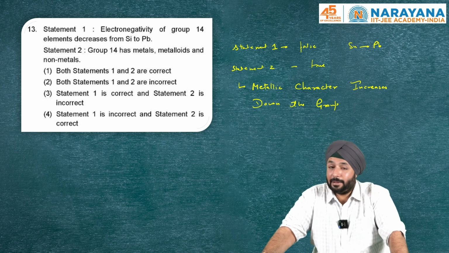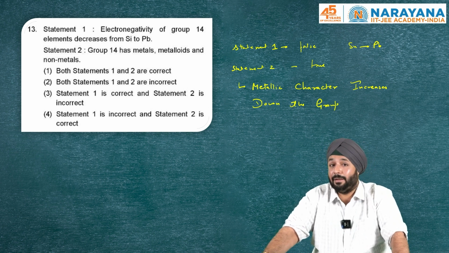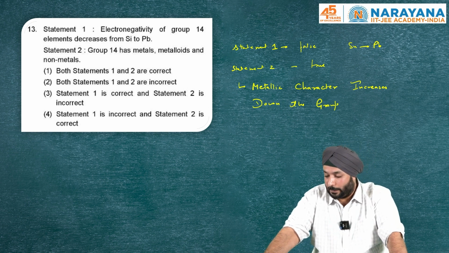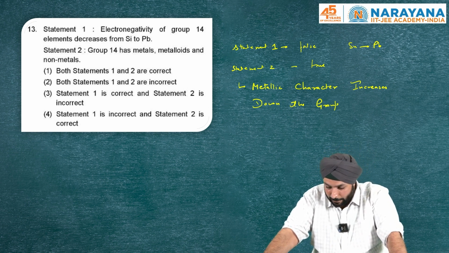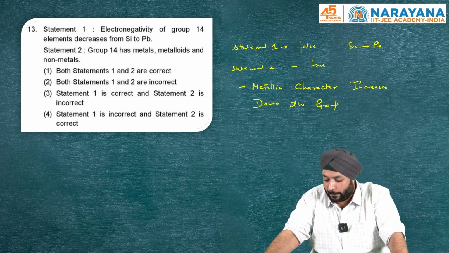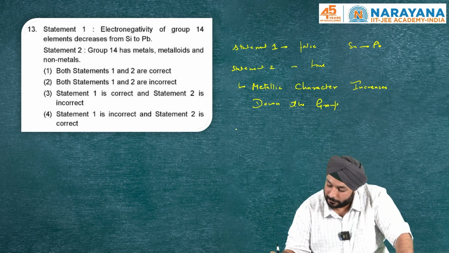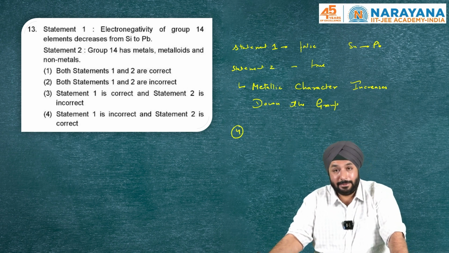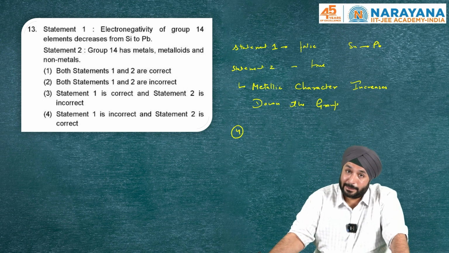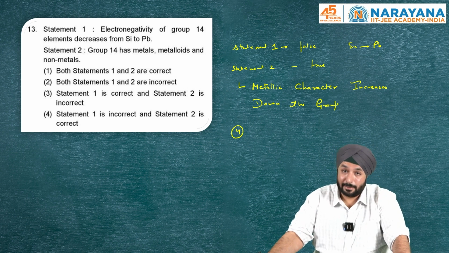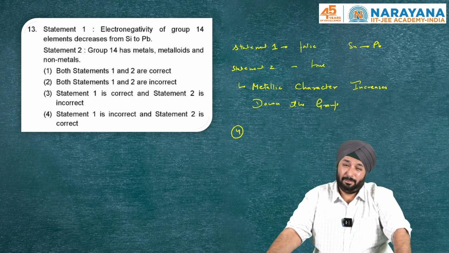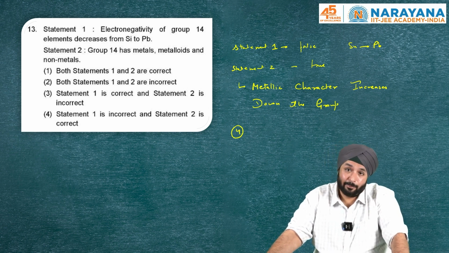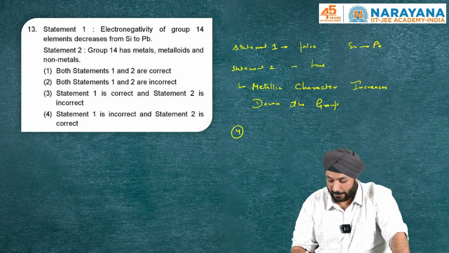So carbon being a non-metal, on going down the group will become metalloids, and then you'll have lead, essentially a metal, right? So the answer is supposed to be statement 1 is incorrect, statement 2 is correct, answer is 4. Hope you understood this particular question, right? Memory based question. Every student should know the general chemical and physical behavior or properties or trends in the respective groups, right? It's a very important thing.